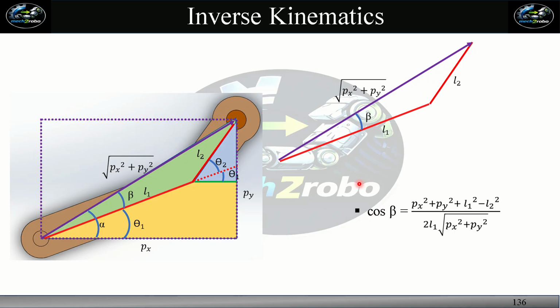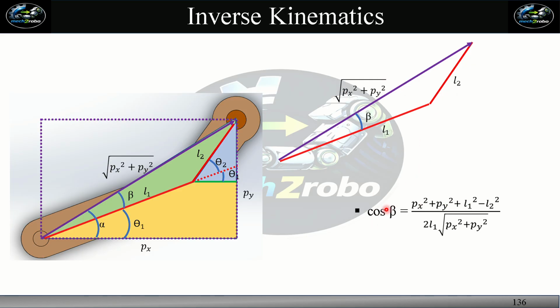After resolving L2, we now get this triangle having sides L1, L2 and the square root of px square plus py square, and we apply the cosine law to this triangle to calculate beta, which states that cos beta is equal to px square plus py square plus L1 square minus L2 square, upon 2 L1 times the square root of px square plus py square.